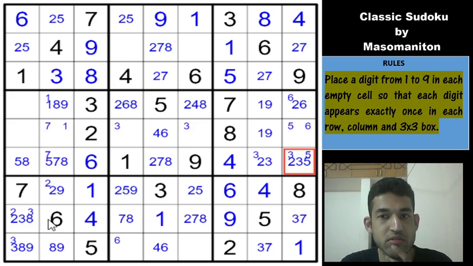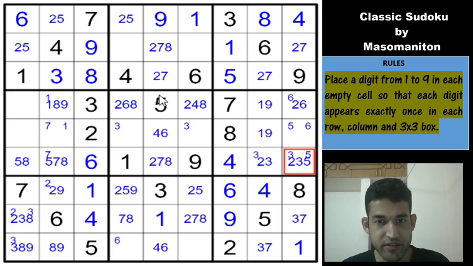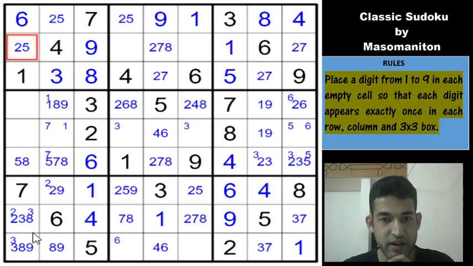No. Okay, there doesn't seem to be anything else here, really in basic techniques or even slightly advanced logics. Maybe there are some chains here which we are yet to find.